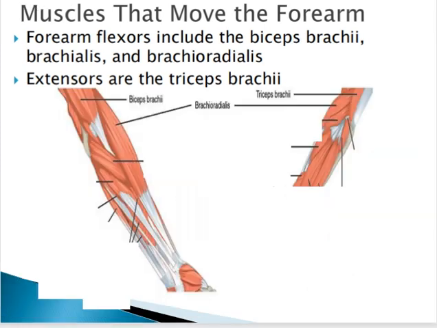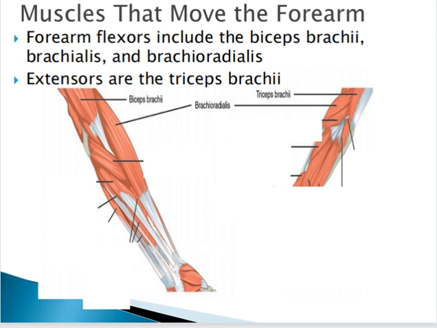There are 9 muscles divided into 3 layers. The first is the superficial layer, which from the radial side to the ulnar side, in order, includes the brachioradialis, pronator teres, radial carpal flexor, palmaris longus, and ulnar carpal flexor.